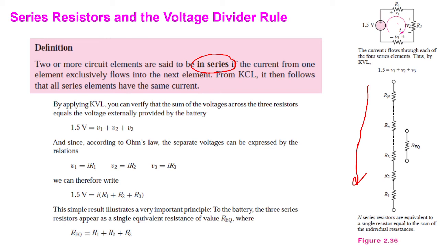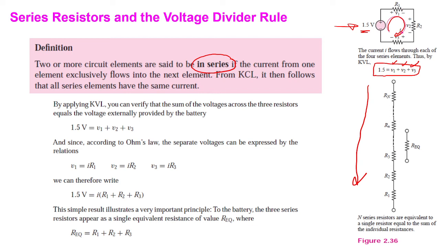If you connect resistances in series, like this circuit, the voltage across each resistor will be divided. For example, if we supply 1.5 volt to this circuit, R1, R2, R3 will share the voltage, but the current flowing through R1, R2, R3 is the same.